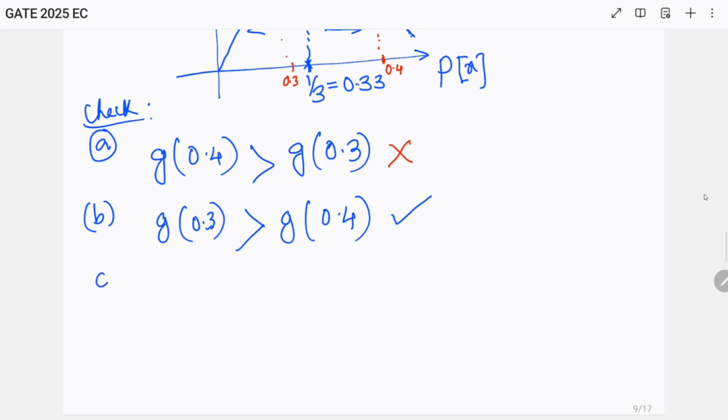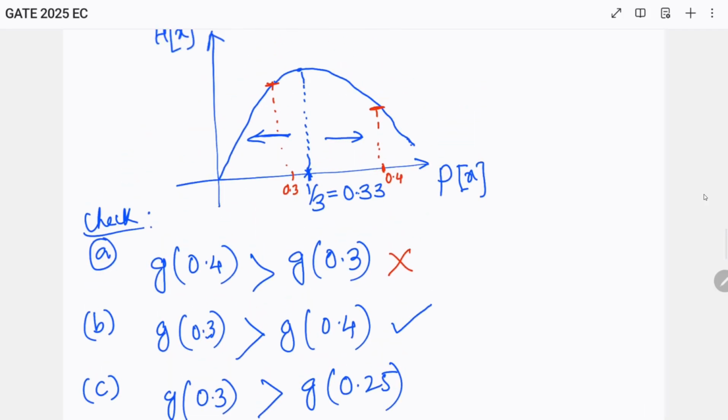Let me check option C: g of 0.3 is greater than g of 0.25. 0.3 is here, and 0.25 is somewhere here. So obviously 0.3 is greater, this is my 0.25.